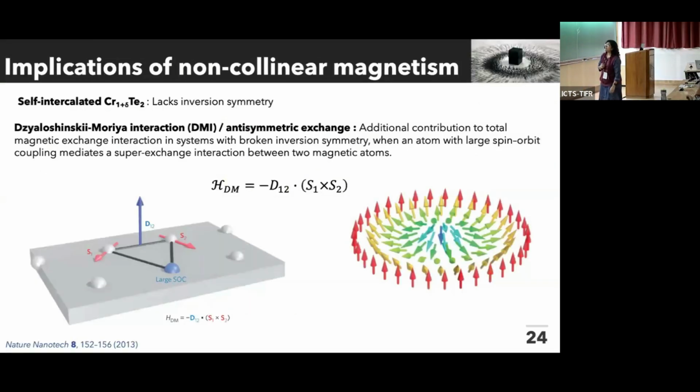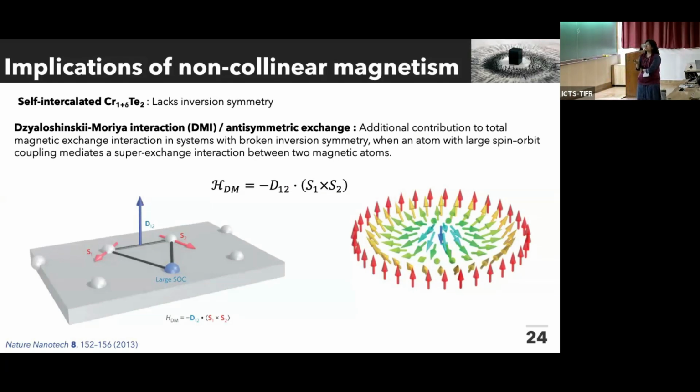Now why is the system interesting? Because several studies have shown that these kinds of systems lack inversion symmetry, and in systems which lack inversion symmetry, you can have an additional contribution to the total magnetic exchange interaction arising from the antisymmetric exchange, or the DMI interaction.